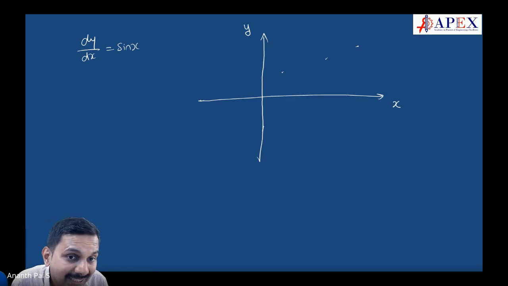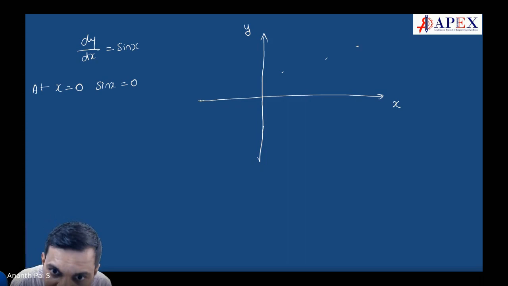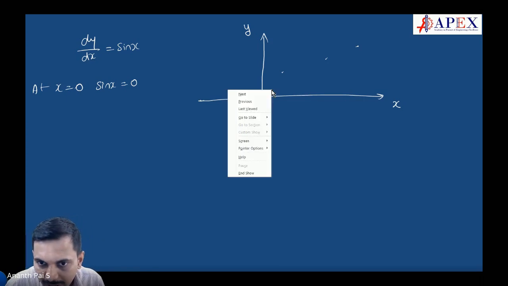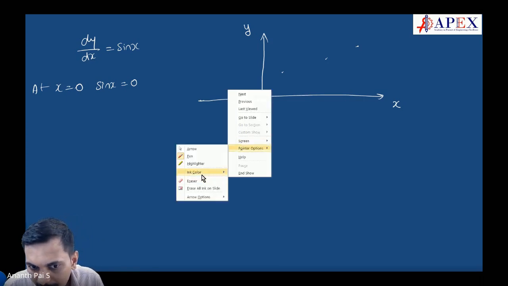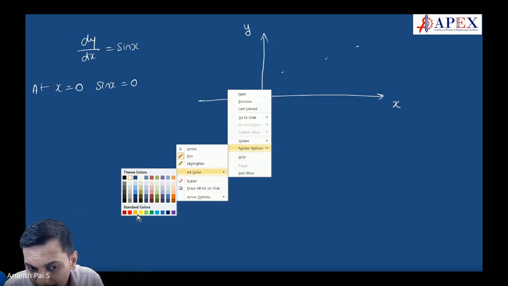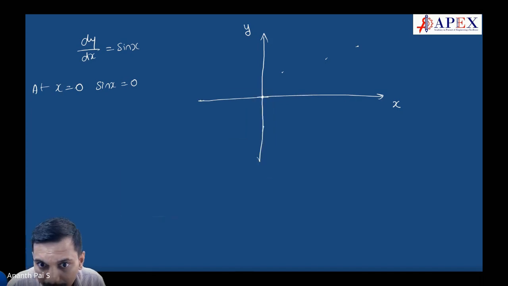So at x is equal to 0, sine x is equal to 0. That means at this point, the slope is 0. I'm just putting a dash here. I'll put a brown dash.